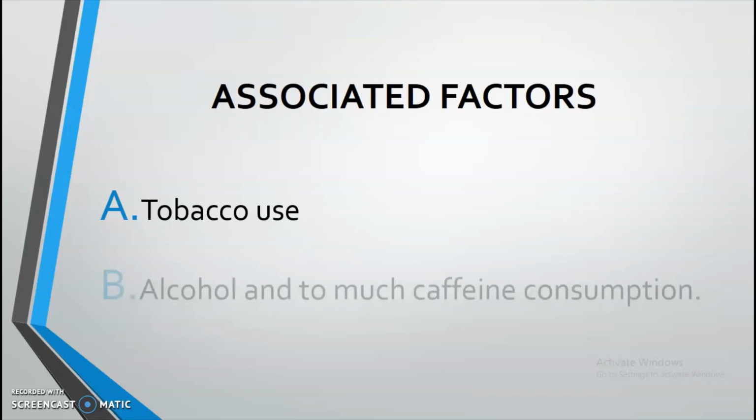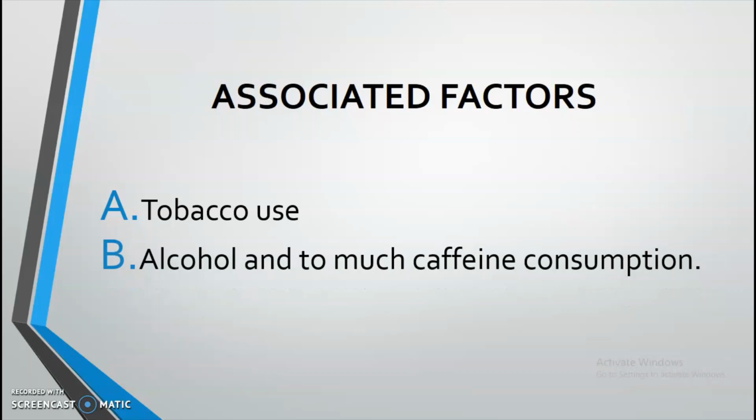Aside from that, we also have your alcohol and caffeine consumption. Same thing with your tobacco use, they increase the production of these gastric components that are actually considered corrosive when refluxed or regurgitated into a portion of the GIT where they are not supposed to be present.